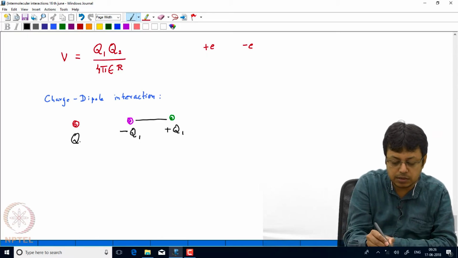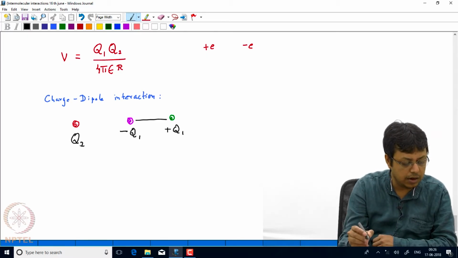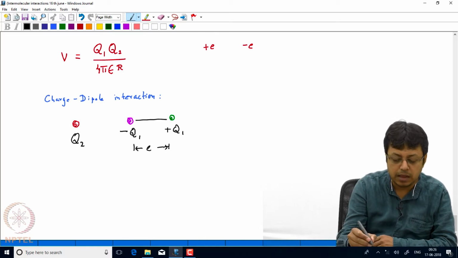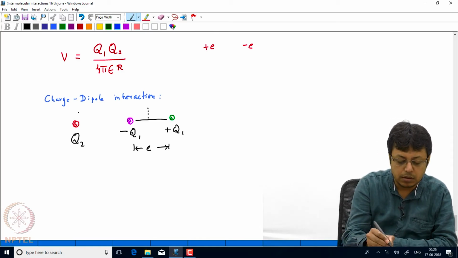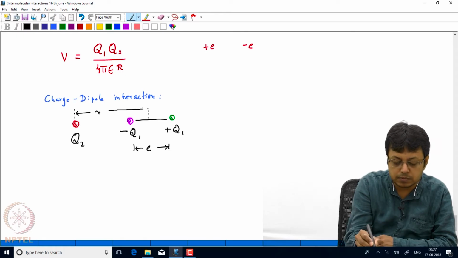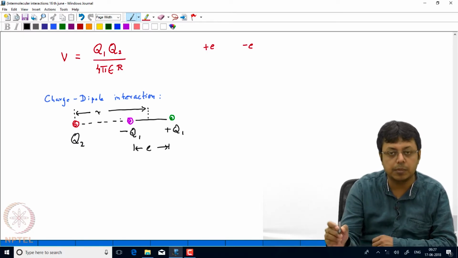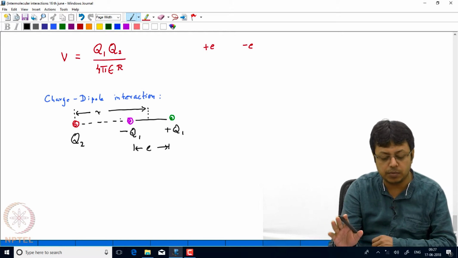For the dipole I am changing the notation a little bit: L is the length of the dipole, and from the center of the dipole the distance to the new charge is small r. This charge is located on the same axis as the dipolar axis. Of course, this is a very particular geometry.